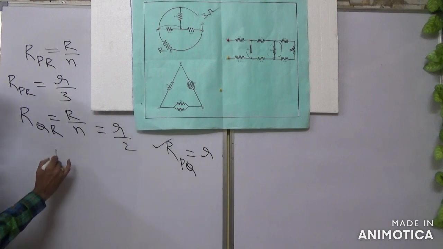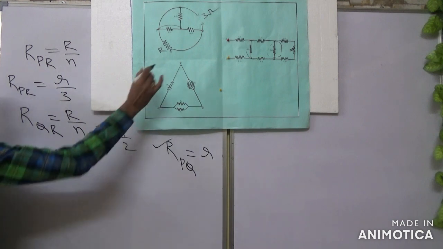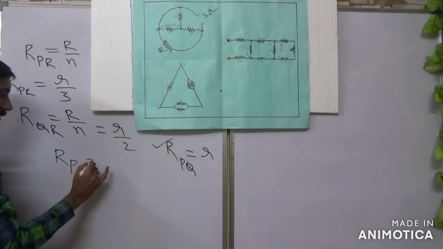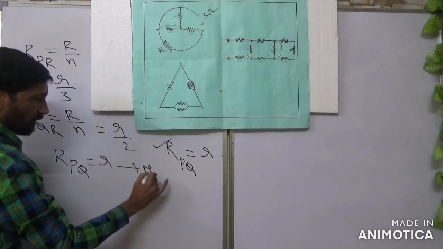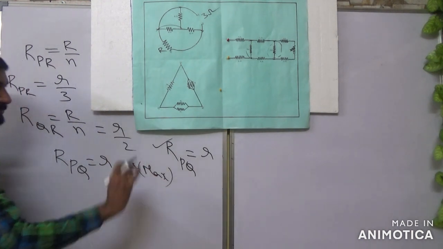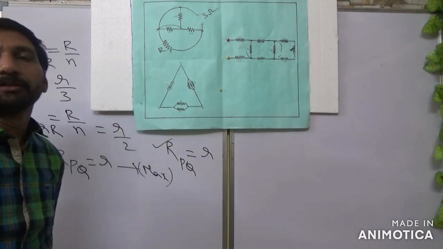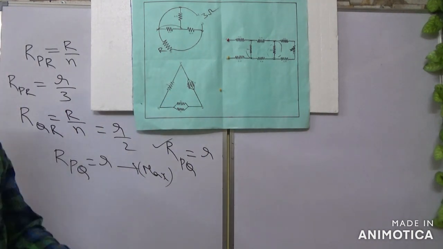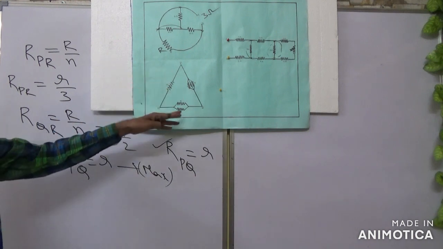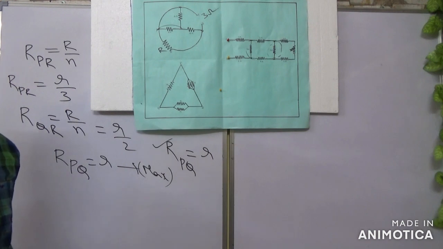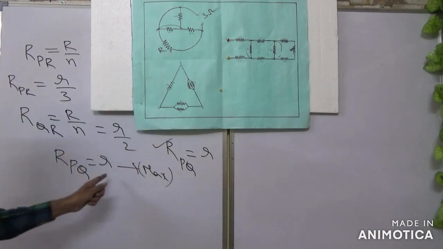So resistance between P and Q is equal to R, so that is the maximum. You already know whenever resistors are in parallel combination, they offer minimum resistance. If you know that point, straight away you can refer this point P to Q.